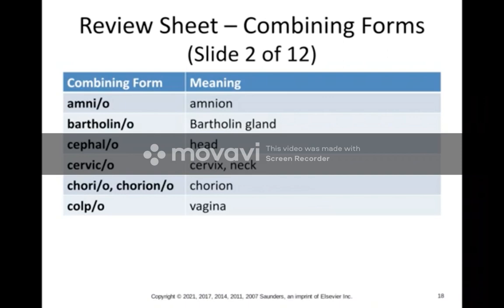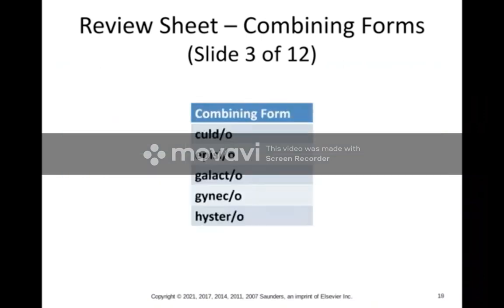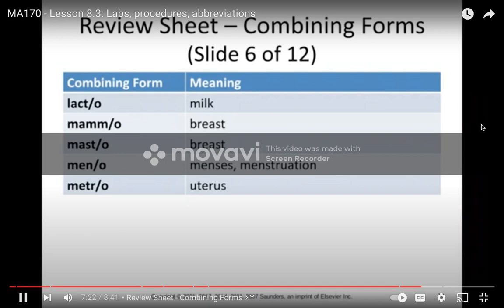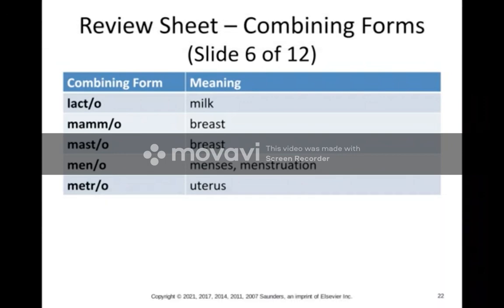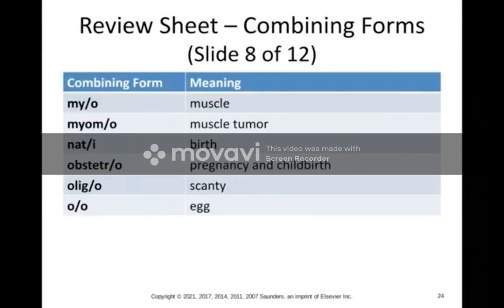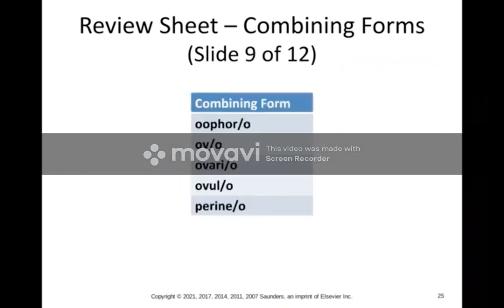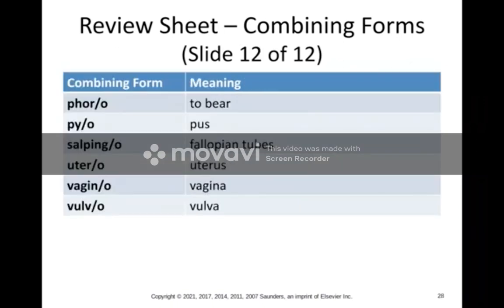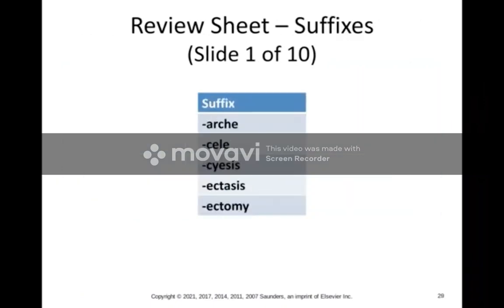Amnio, Bartholino, cephalo, cervico, chorio, colpo, galacto, gyneco, hystero, lacto, mammo, masto, meno, metro, myo, myometrio, obstetro, oligo, oo, oophoro, ovo, ovario, ovulo, perineo, salpingo, utero, vagino, vulvo.